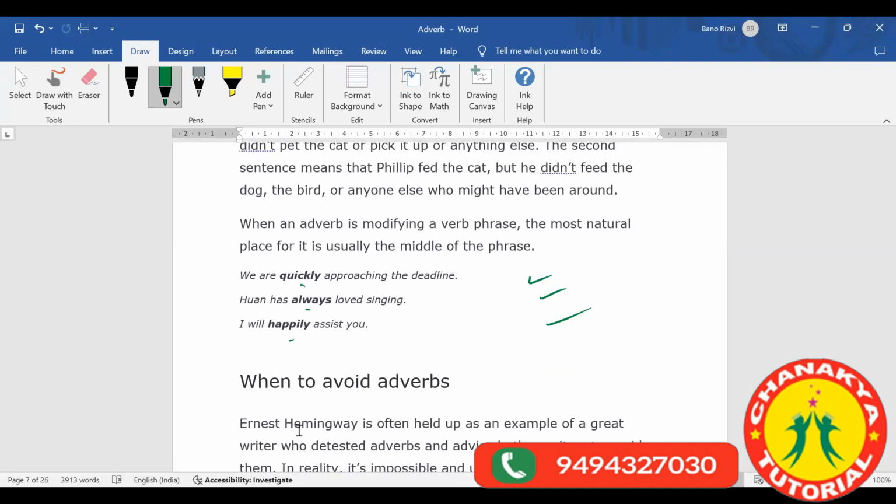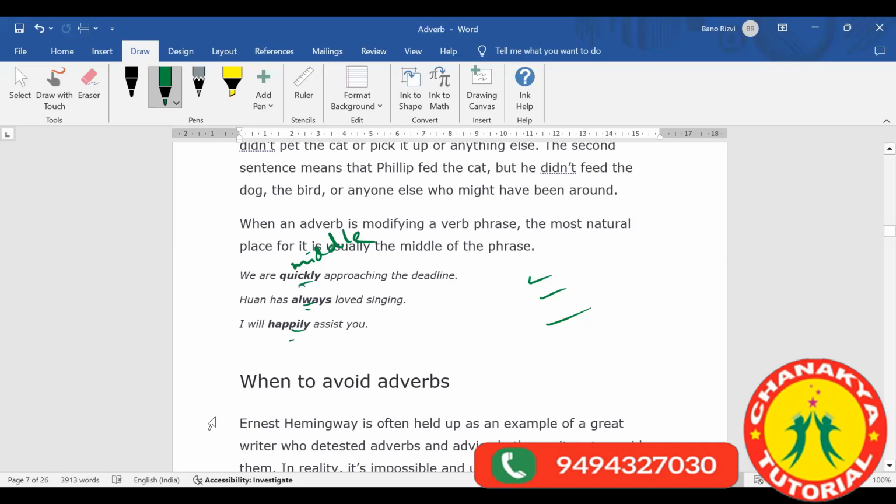We are quickly approaching the deadline. Huyan has always loved singing. I will happily assist you. So when an adverb is modifying a verb phrase, the most natural place for it is usually in the middle. You understand? All the adverbs here are in the middle.